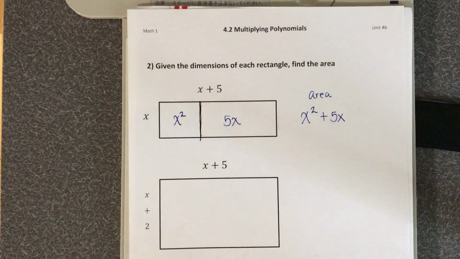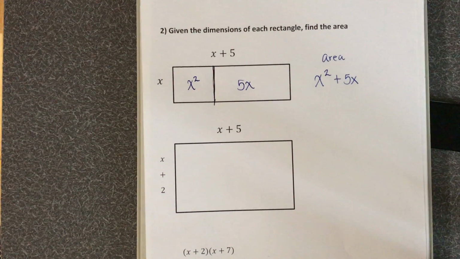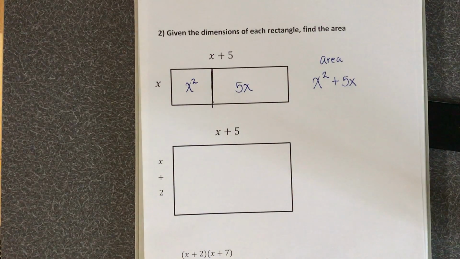Looking at the second example, you have a slide just before this one that's going to show you what this looks like with algebra tiles. So now let's create the same exact picture that you've created with the algebra tiles, but without actually having to drag out all those tiles. For this one, we have a binomial by a binomial that we're multiplying, and we want to know the area.